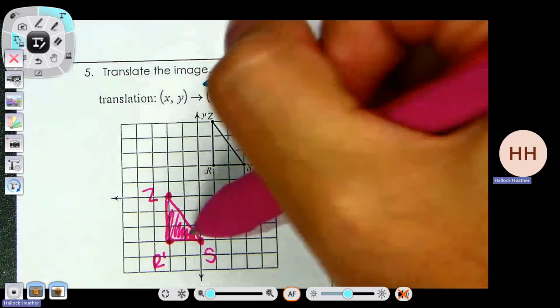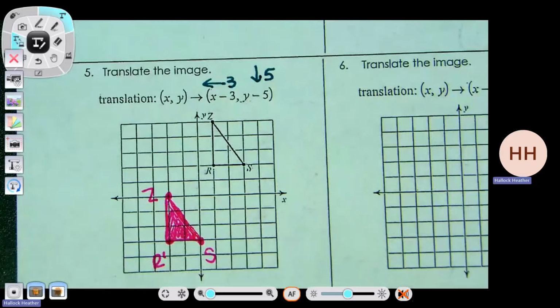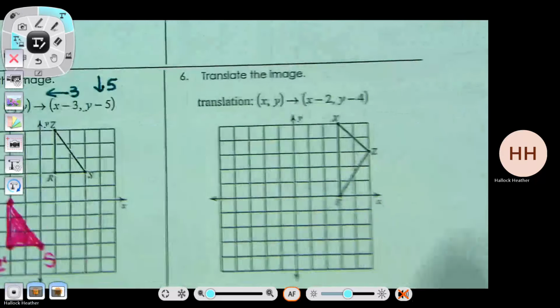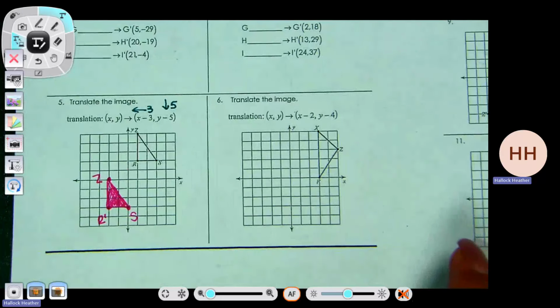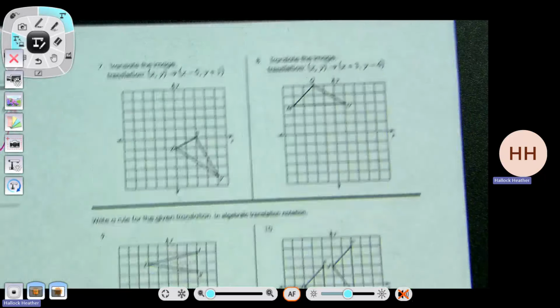So you are just plotting your points and labeling them. So you'll do that for 5, 6, 7, and 8. The last section is probably the easiest.